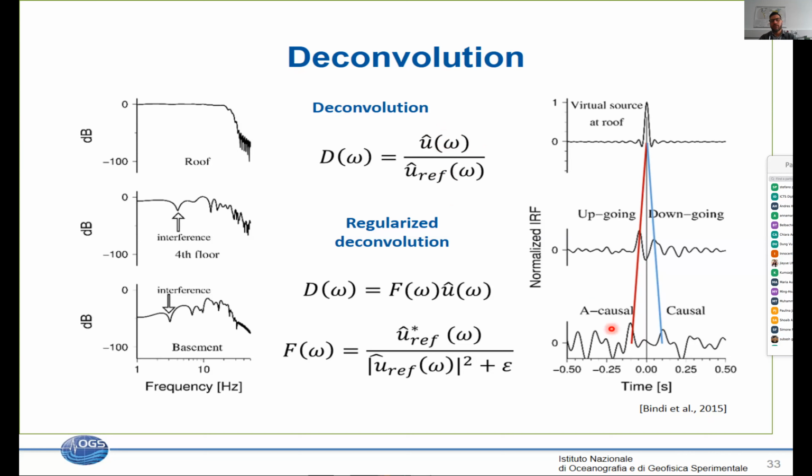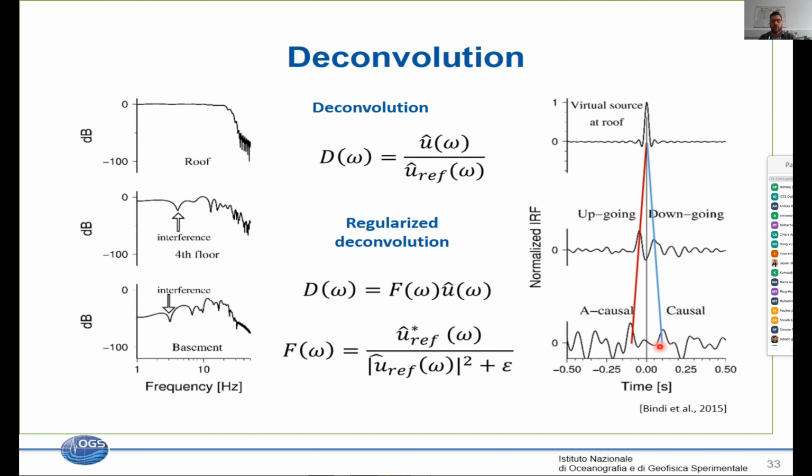When I go back in the time domain, generally I observe something like this, where at the top, if I deconvolve it with itself, this is nothing else but the autocorrelation, I will get a pulse, and I will see two pulses inside the borehole, one related to the upgoing propagation of waves, and one related to the downgoing propagation of waves. So I'm able to separate in the time domain whatever is propagating upward from what is propagating in the downward direction.